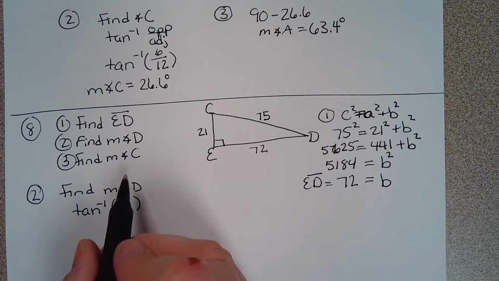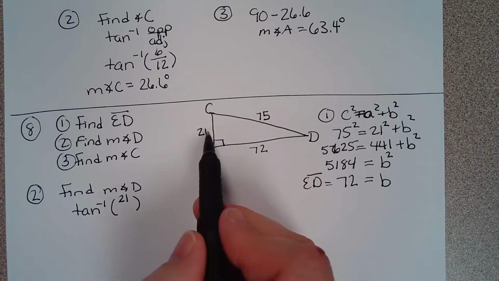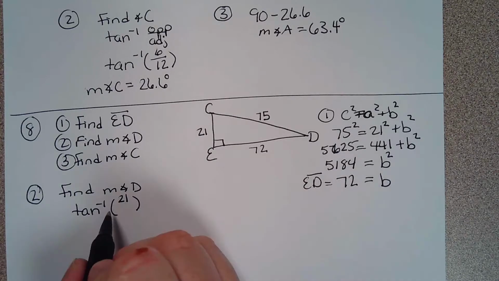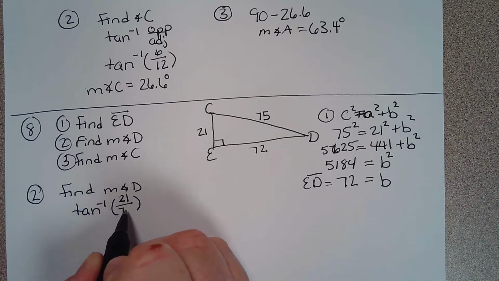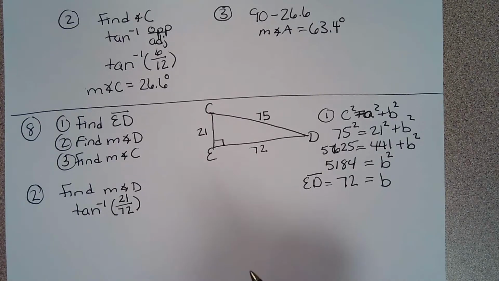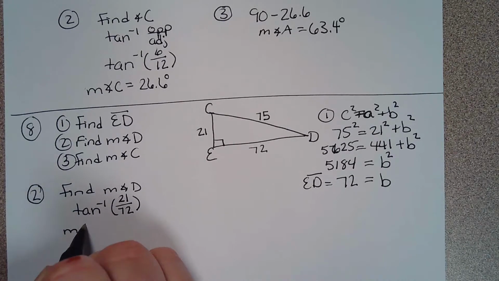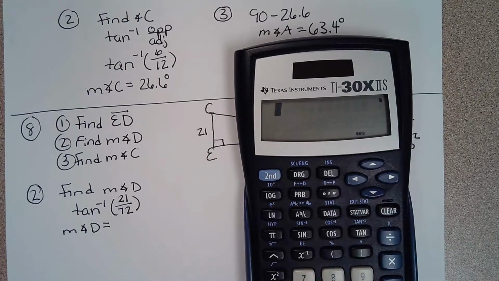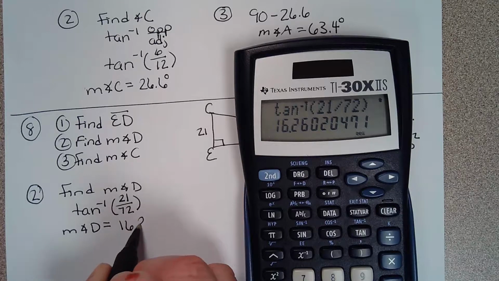If we start with D, we look across and do the opposite over, once again, the adjacent. So opposite over adjacent is 21 over 72. So the measure of angle D is going to equal, well, let's put this in our calculator. So we have second tan 21 divided by 72, which is going to give me 16.3 degrees.